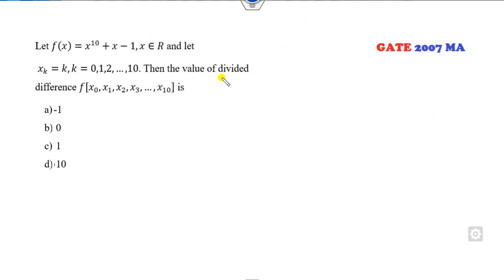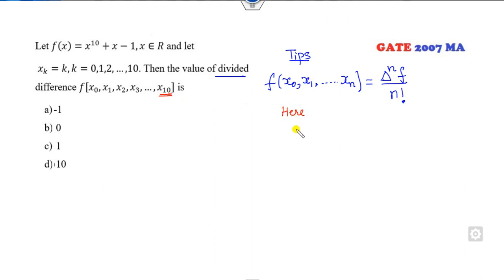Okay, look at this, the value of the divided difference. So remember, whenever you want to find the divided difference, this is my xn, it comes to be the nth derivative of the polynomial divided by n factorial. So in this case, what is the n? N is 10. So this value will be the 10th derivative of the given function divided by n factorial.